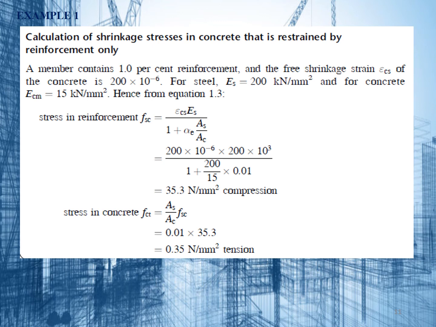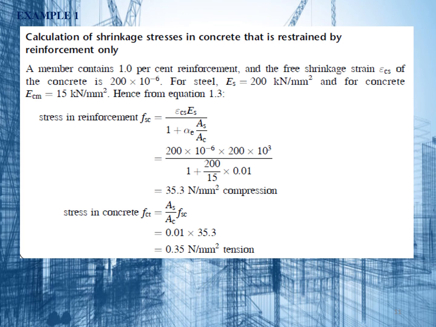FCT is equal to 200 divided by 50. AS divided by AC, the concrete reinforcement area, is the reinforcement content. Putting all together, we get the result 35.3 Newton per millimeter square.